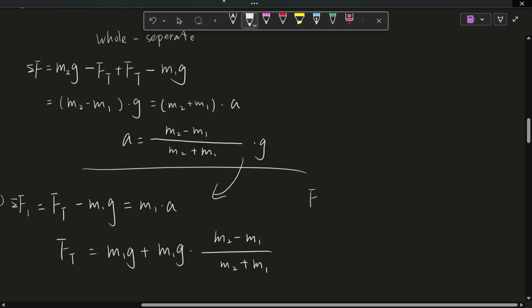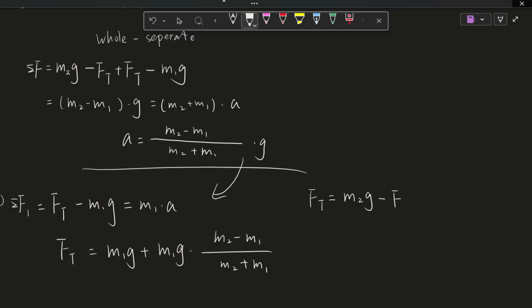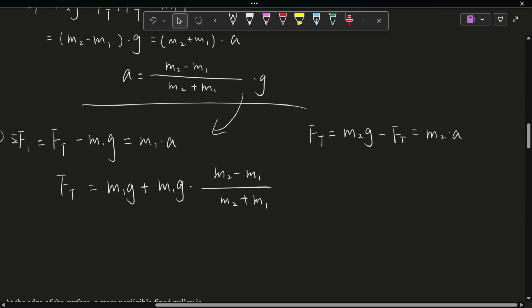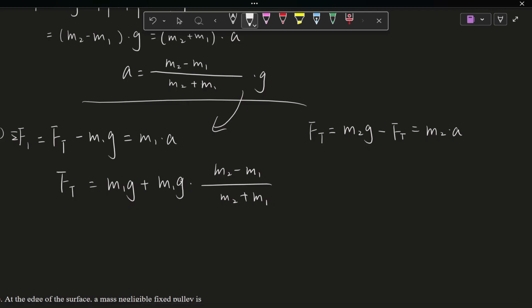Ft is equal to M2G minus Ft is equal to M2 times A. You can get Ft is equal to M2 times G minus A, which is equal to M2 times G times, this one's supposed to be 1 minus M2 minus M1 over M2 plus M1.